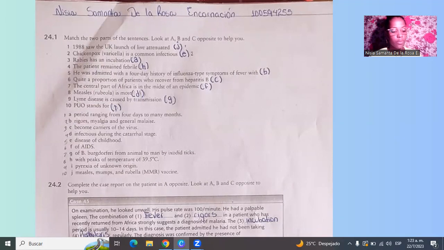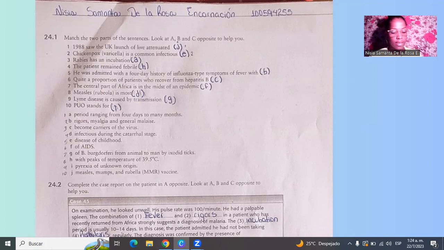He was admitted with a 4-day history of influenza-like symptoms of fever and general malaise. A proportion of patients recovering from hepatitis B are carriers of the virus. The central part of Africa is in the middle of an epidemic.